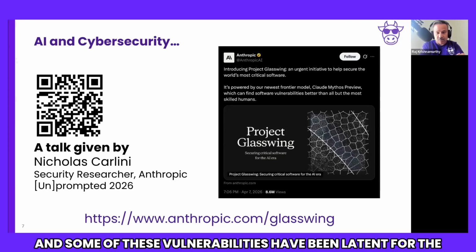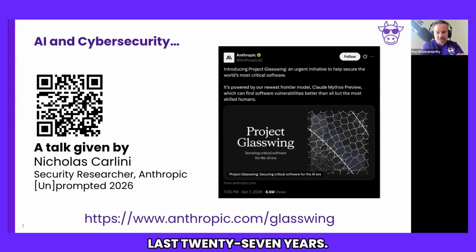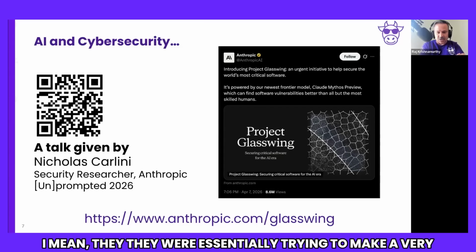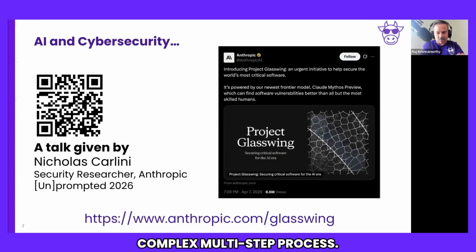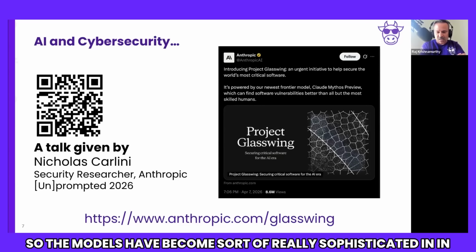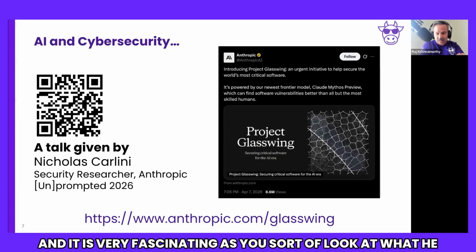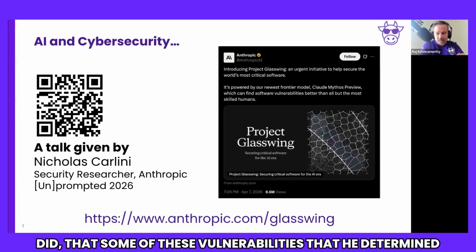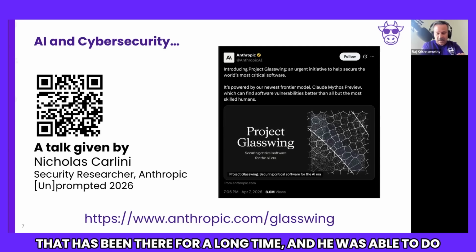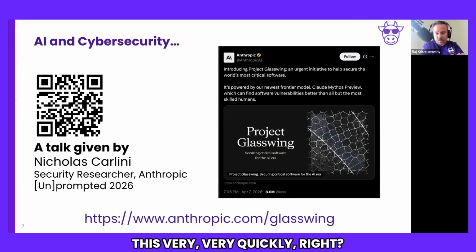Some of these vulnerabilities have been latent for the last 27 years. And some of these are not direct logic; they were essentially a very complex multi-step process. So the models have become really sophisticated in inference and understanding. It is very fascinating that some of these vulnerabilities had been there for a long time, and he was able to find them very quickly.